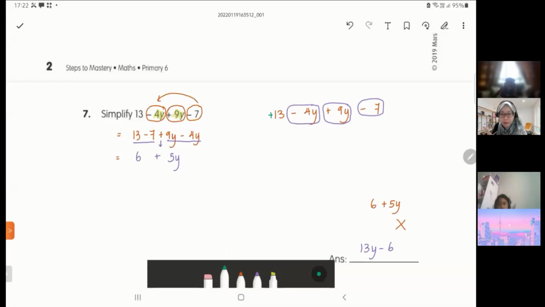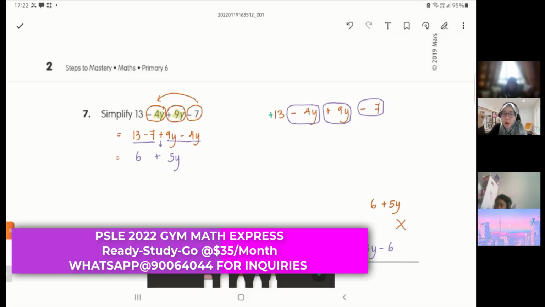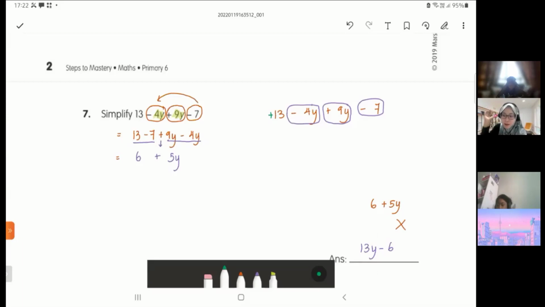Remember, implicit means I know, but I don't have to put it in. Okay, I know that it is a positive number. It's a plus. You're going to learn about all these positive number, negative number, which is called integers, when you are in Sec 1. But for now, just know that for a number, in front of it is a plus. Okay, so when you move things around, I don't have to put a plus there.